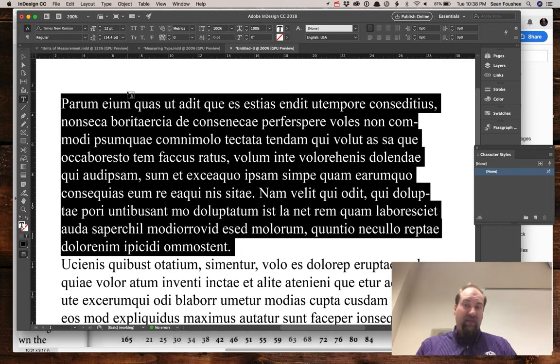In fact, if you've ever found yourself rereading the same line, it was probably too long of a measure and too narrow of a leading. It didn't have enough gap, enough white space to allow your eye to track back across the line. That's a big problem. So anytime you have a long line of text, you need to have more leading.